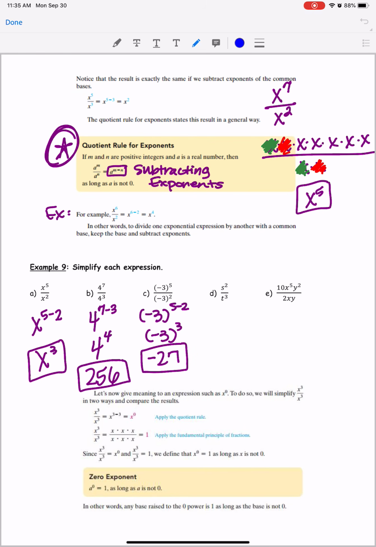Notice how this one's in parentheses. It's negative because when I have -3 times -3 times -3, negative times negative does give me a +9 here. Bring down your -3, and now we have positive times negative, which is going to give me a -27. So when you have an odd exponent, whether this is in parentheses or not, it's always going to be negative.